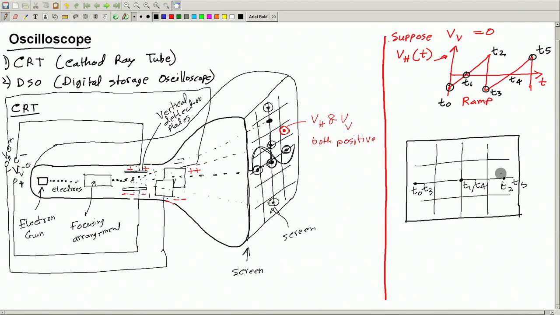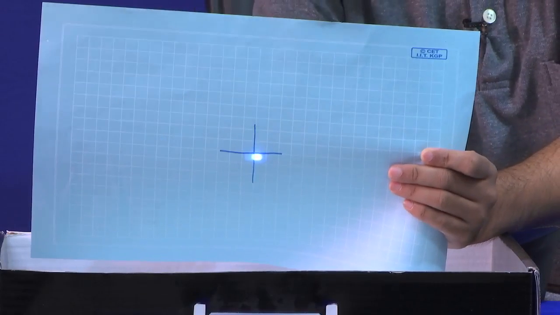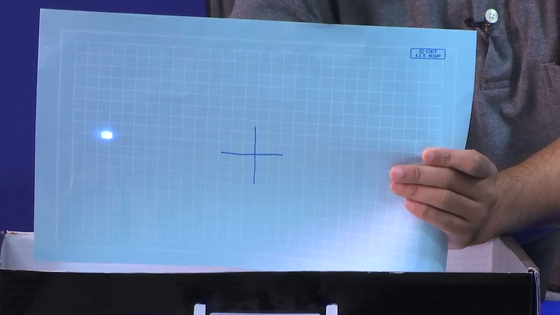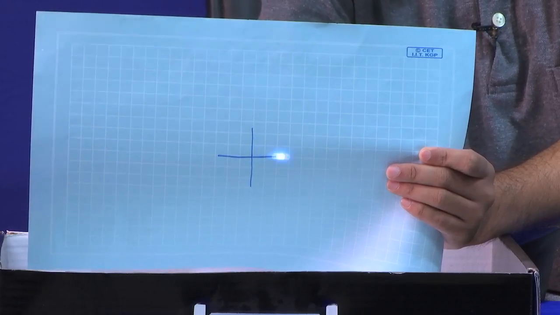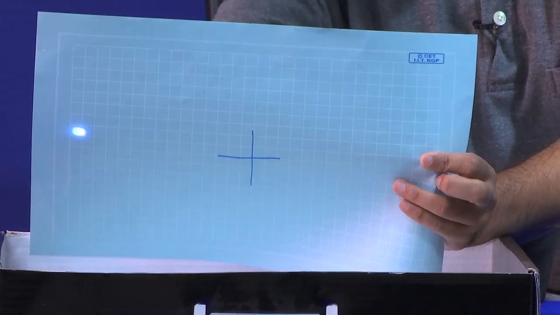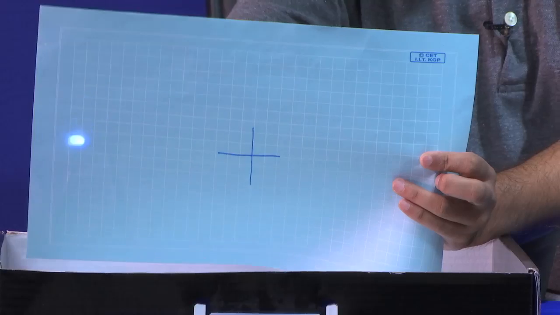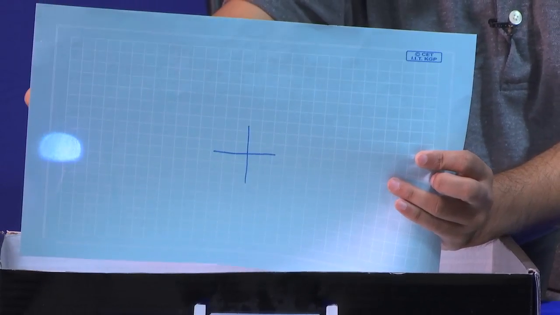Initially the electron beam is here at T0, then T1, T2 here, and then back, then again gradually like this and back suddenly, again gradually, slowly like this and suddenly back. Okay. This is how the electron beam will move.